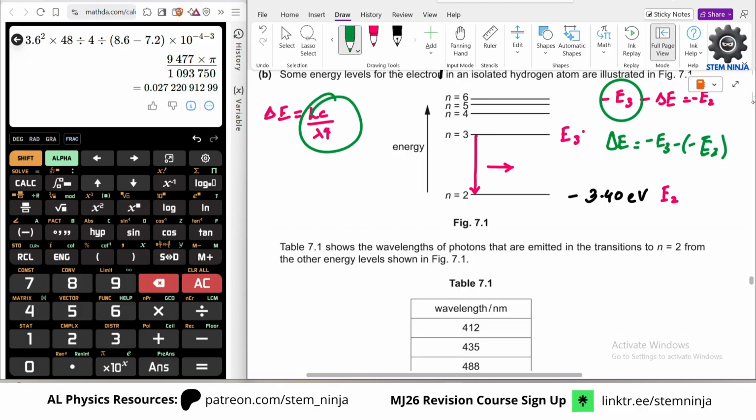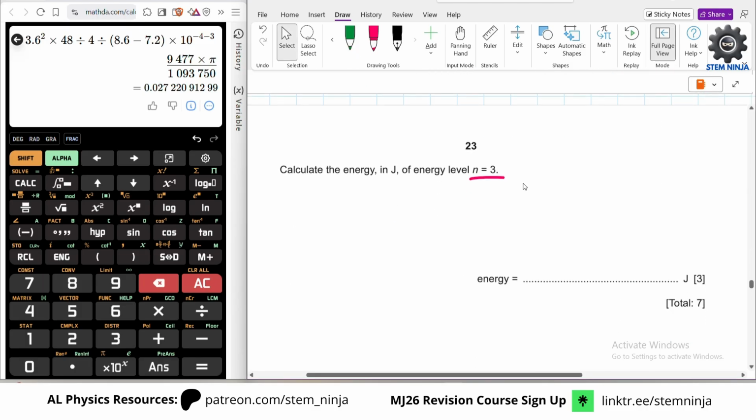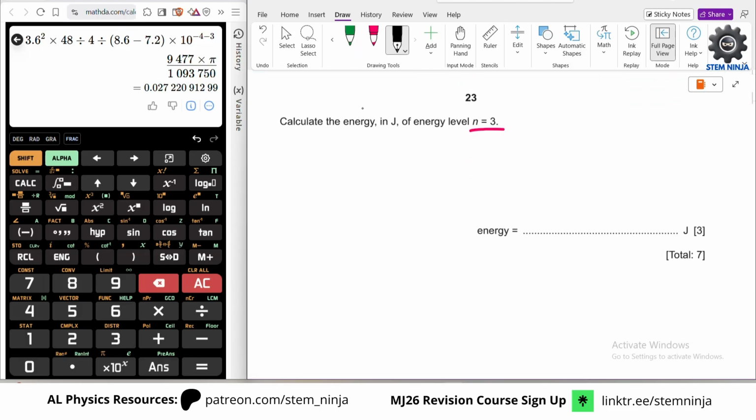So minus E3 minus E2 is equal to hc over lambda. That is basically what we simply need.